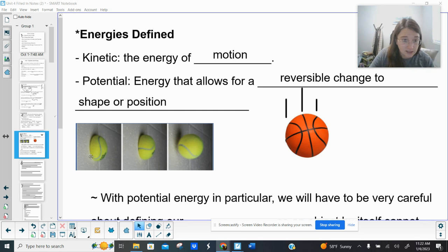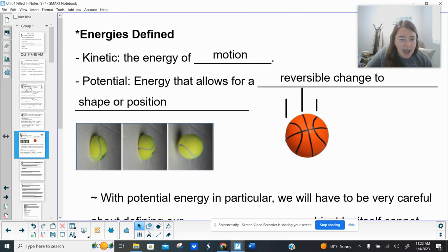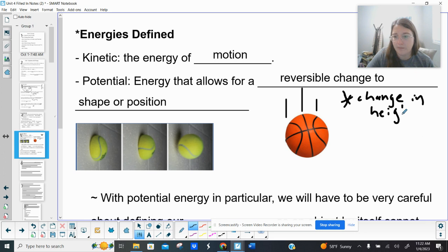A ball like this, yeah, has a lot of potential energy when it comes up and condenses against the wall. It's building its potential energy and then it springs back and returns to its position. This is also, I'm curious, I'm getting ahead of myself here. I'm going to add a note here: potential energy, a change in height of something is our biggest form of potential energy.